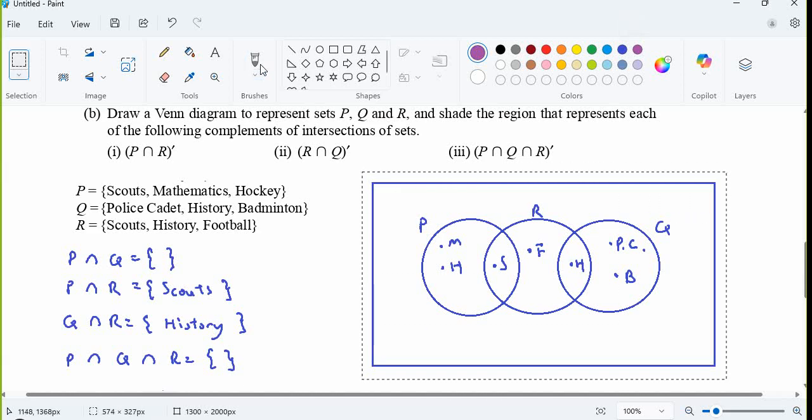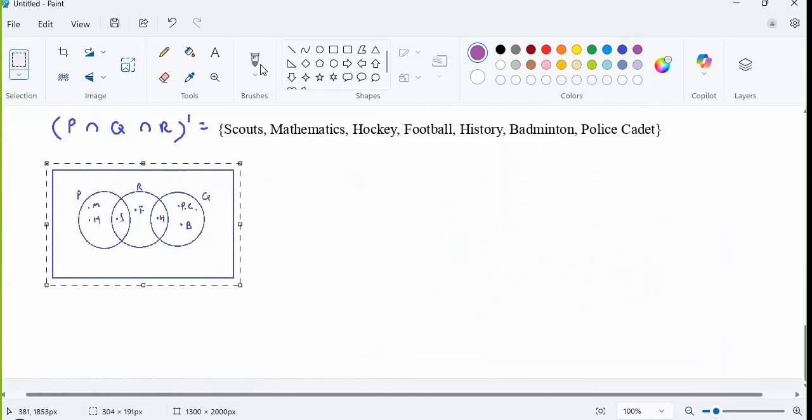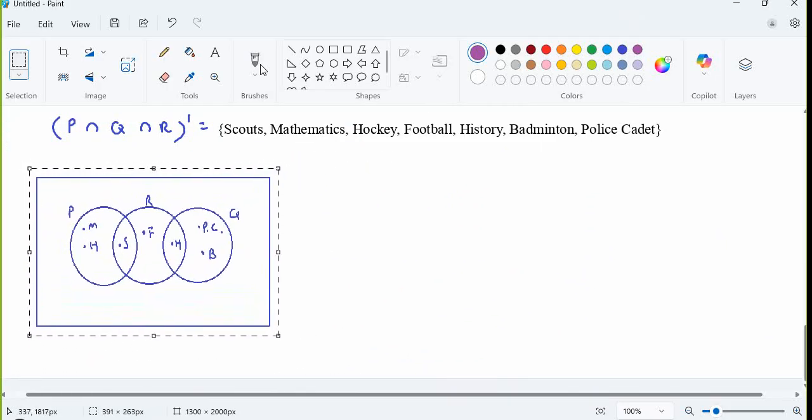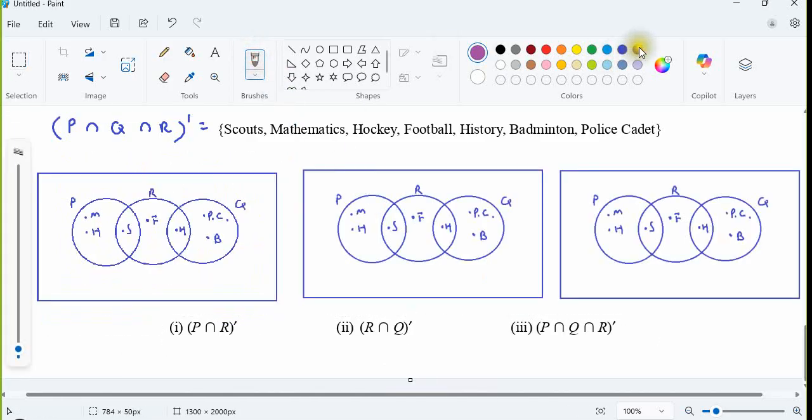So for the last part, P intersect R, outside the P intersect R. P intersect R is here, and then Q intersect R is history only.